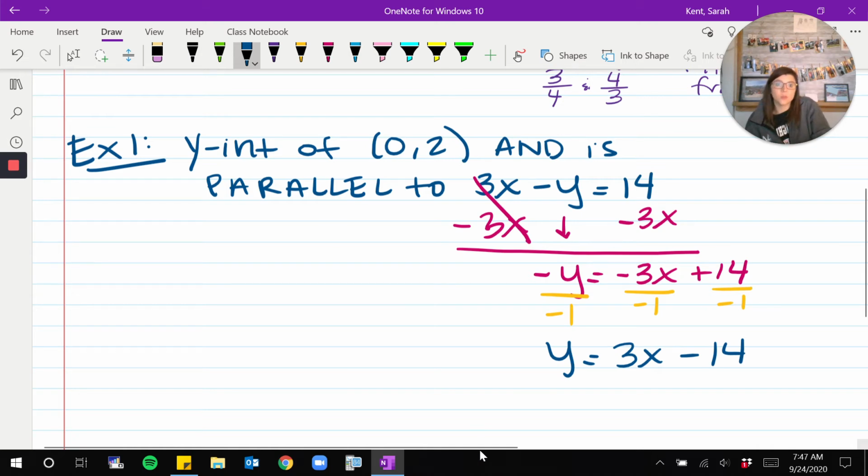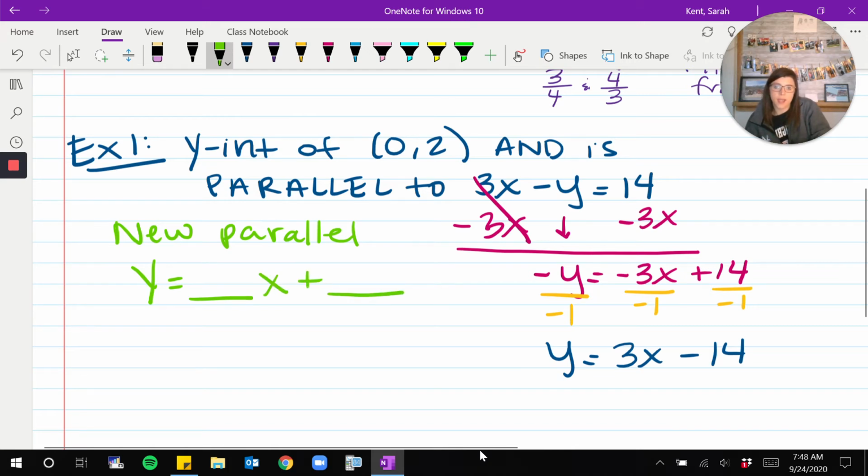This is the original, but I want a new parallel line. So it's going to be y equals slope x plus the y-intercept. I need the slope and the y-intercept. The question says the y-intercept is 2, so I can plug that 2 into my equation.